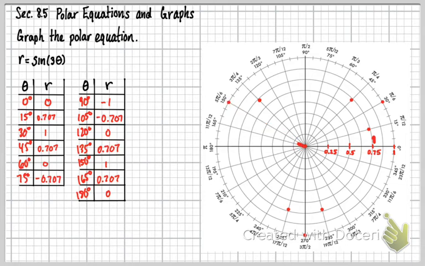And then 165 degrees, and it's positive, that's why I'm going this way. It's going to be there. And then 180 degrees, which is here, puts us back at 0. Sorry about this line over here. That was a typo, so I'm just going to get rid of it. Okay, so anyway, those are the points.